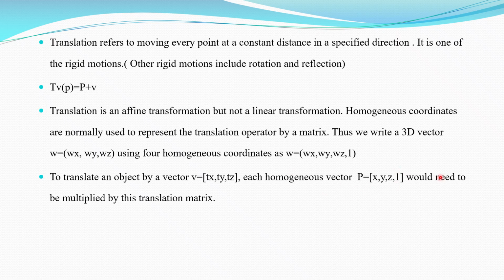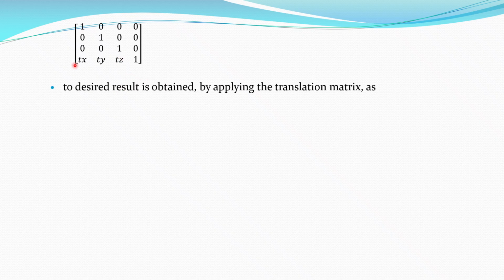Okay, understood, right? So for this, it needs to be multiplied by this translation matrix. So using homogeneous coordinates, 3D becomes 4D. This is the matrix representation of a normal translation. The desired result is obtained by applying a translation matrix as this.